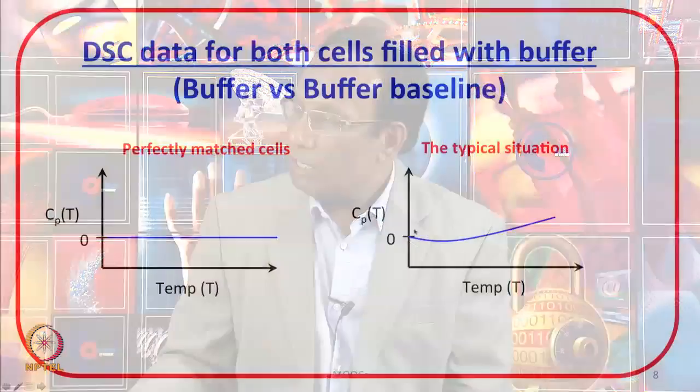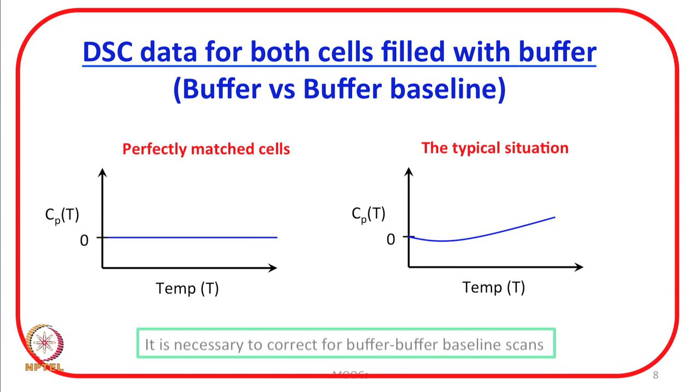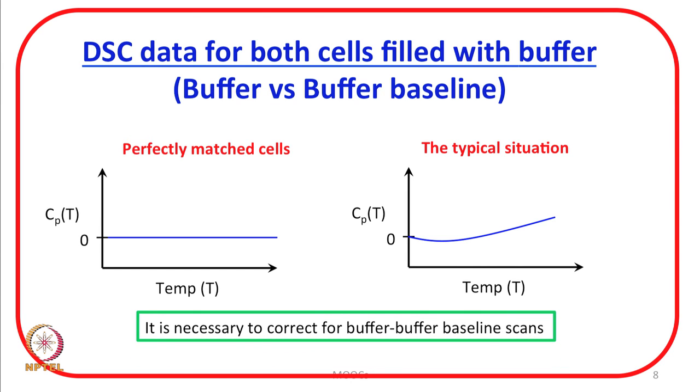A typical output is like this. It can be curvature downwards, it can be curvature upwards, and if the matching of the cells is better, it can be even better. Therefore, it is very necessary to correct for buffer baseline scans.